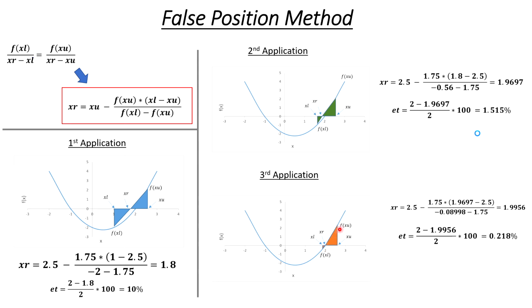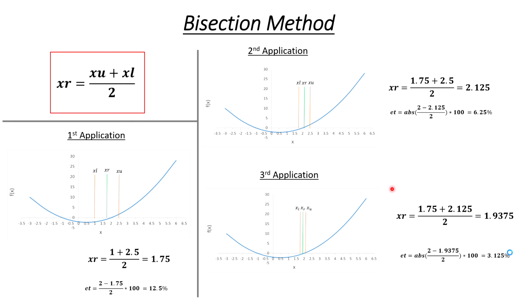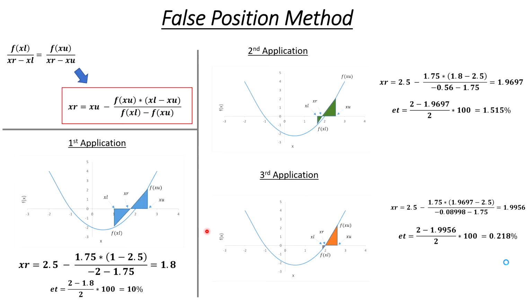The intercept of the line connecting the function values of the upper limit and lower limit is almost grazing the 2 at 1.9956, and that gives us a true error of 0.218%. Now, if we compare this to the third application of the bisection at 3.125%, we can see it's a massive improvement. So taking into account the function values at the upper and lower limit created a massive improvement in finding roots of equations.